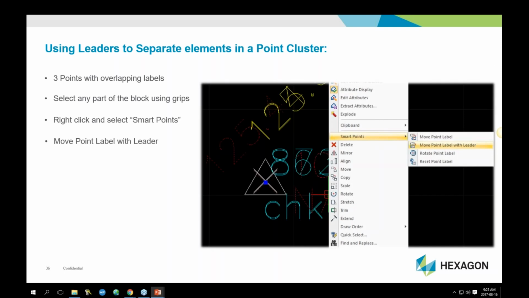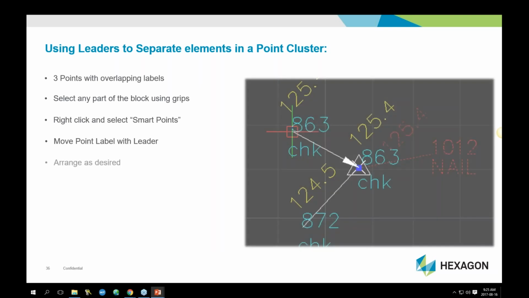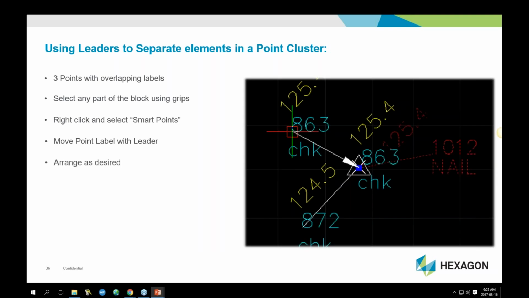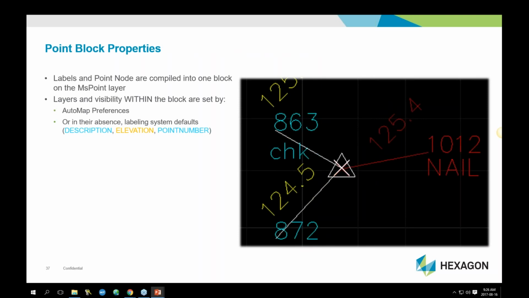To solve this common problem, MSCAD 2017 allows the user to drag each point block label to a new location either with or without a leader, and then the user can rotate the labels one at a time or all at once, or reset them back to their default location if he or she is not happy with the location that it was set to. So there's an image of a finished product with the 3 points, actually 4 points, with all the labels very legible.